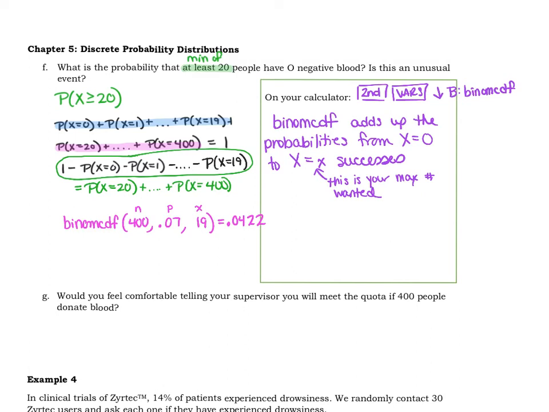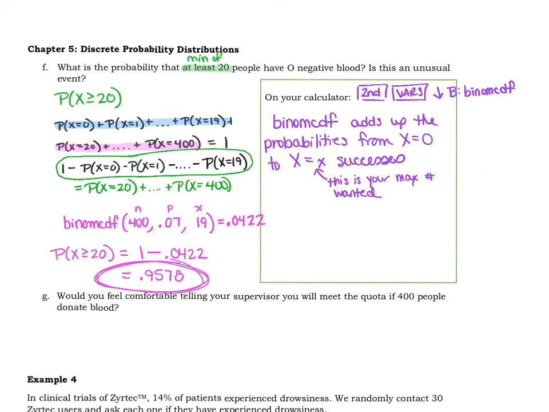Now remember, that is the probability that 0 to 19 people are O-negative donors. What we want is the probability that we have 20 or more. So we want to do 1 minus 0.0422 to come up with the result 0.9578. That right there is the probability we end up with at least 20 people being O-negative donors.